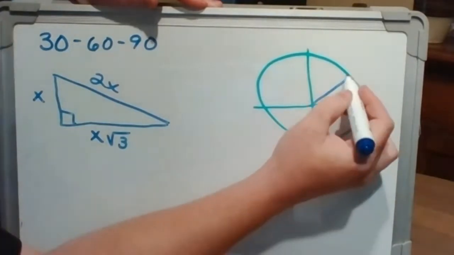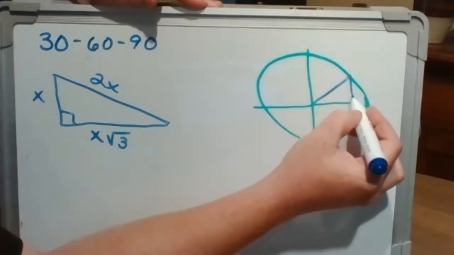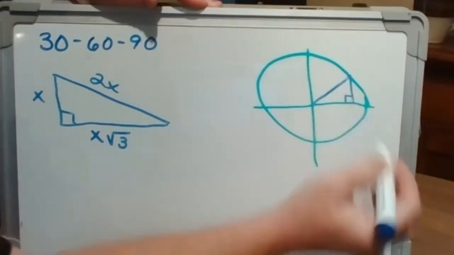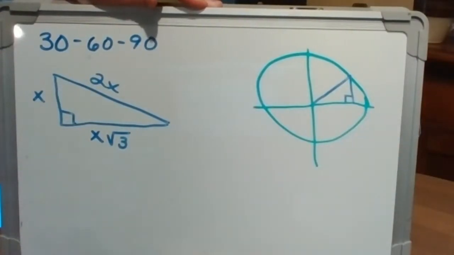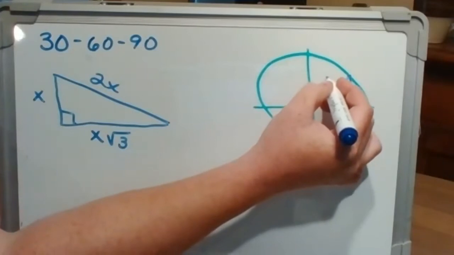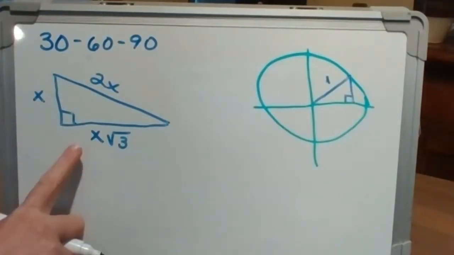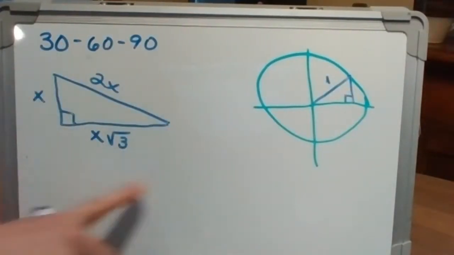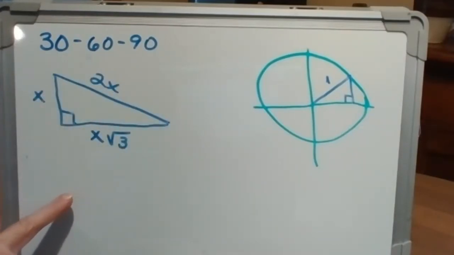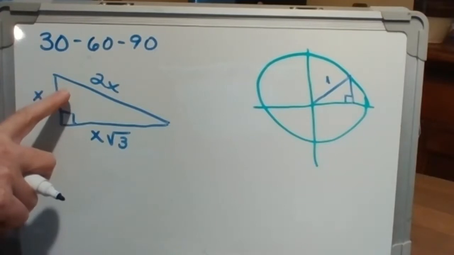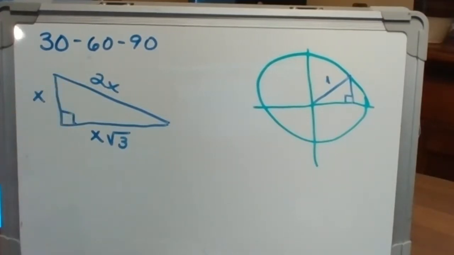If we have some angle measure here and we drop a perpendicular down, we're creating this right triangle inside of our circle. Since the radius of the unit circle is always equal to 1, we are going to take this relationship that we know generically for a 30, 60, 90 triangle and replace the value of the hypotenuse with the number 1.